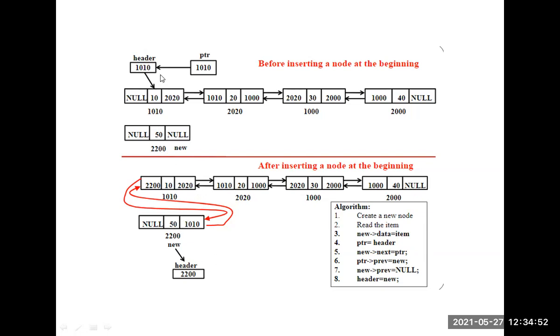So we want to insert this new node here. See here, this is the new node. The address is 2200 and both links are null. So I want to insert it at the front end. Front end means the first node address is contained in the header. So the header contains 1010.